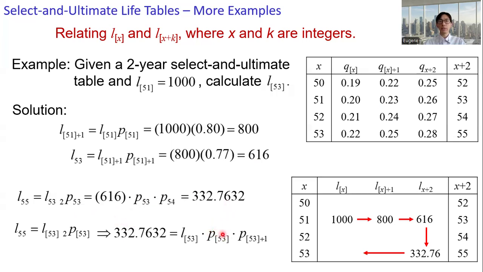And then P53, this is the select age. The corresponding value for Q is 0.22. We get P53 is 0.78. And then this quantity, 1 minus 0.25, we get 0.75. Upon calculation, we get the answer, 568.83.